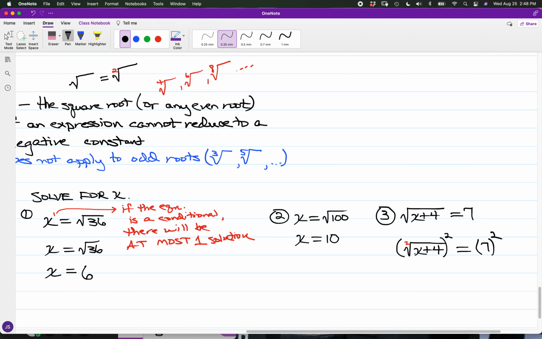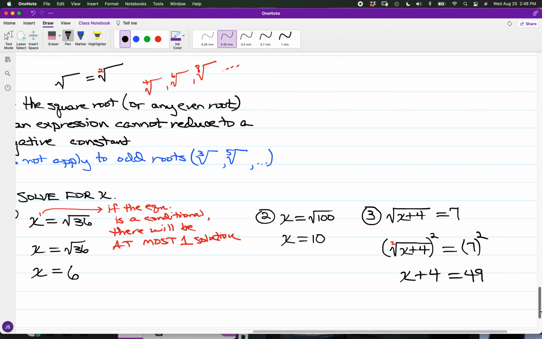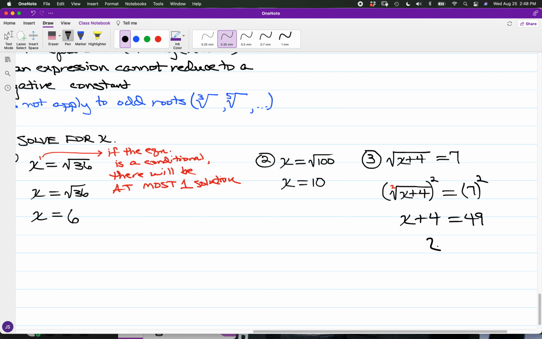So on the left, I have the square root of x plus 4 squared. So this will be x plus 4. And 7 squared is going to be 49. And with x plus 4 equal to 49, we have x is equal to 45.